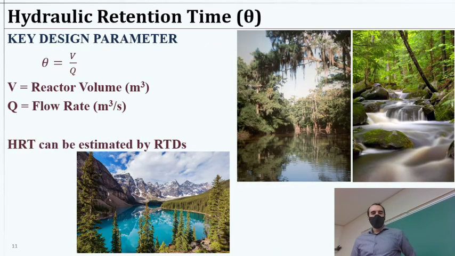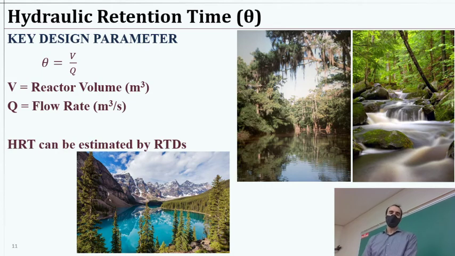Before we get to each specific reactor type, I want to introduce hydraulic residence time. It's a fairly straightforward concept, probably mentioned it already. It's really a key design parameter for any system where we have a flow going through.